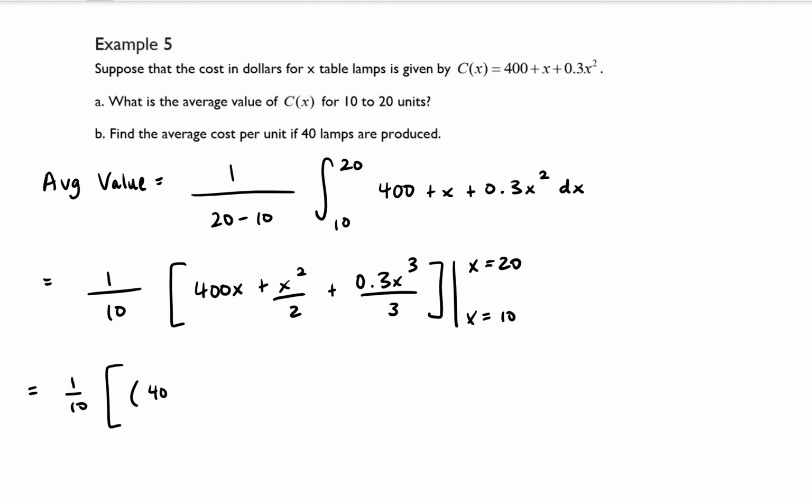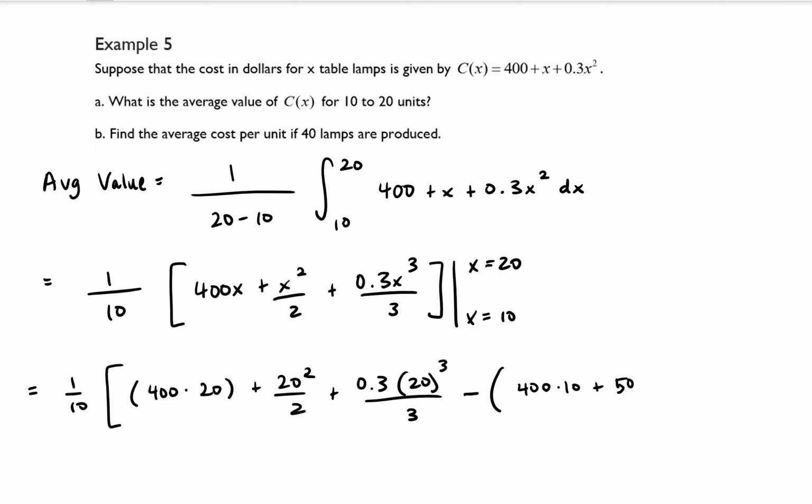So we'll have 400 times 20 plus 20 squared over 2 plus 0.3 times 20 cubed over 3 minus 400 times 10 plus 100 over 2, which is 50, plus 0.3 times 10 cubed over 3.